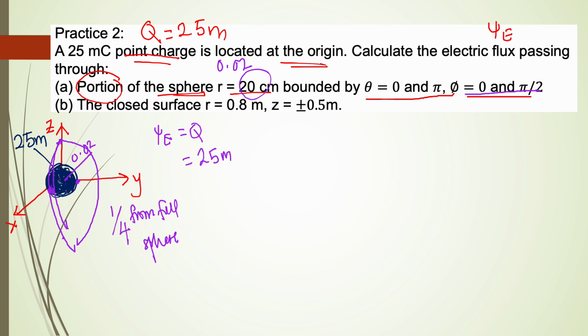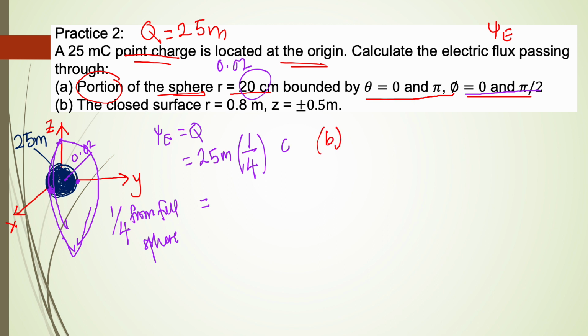Only 1/4 of the total flux will be through this portion of the sphere. Therefore, your answer is going to be 1/4 multiplied by 25 millicoulomb. That is question A.